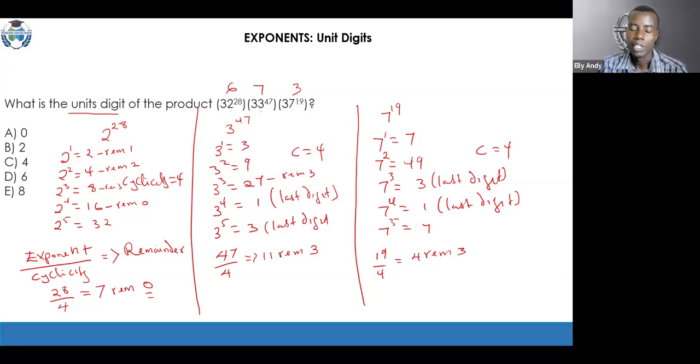So the unit digit of this product will be the same as the unit digit of 6 times 7 times 3, which is 42 times 3, which is 126. So the last digit of this whole thing is 6, and our answer is D.